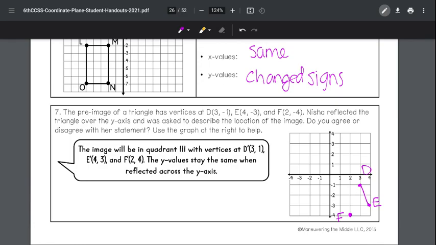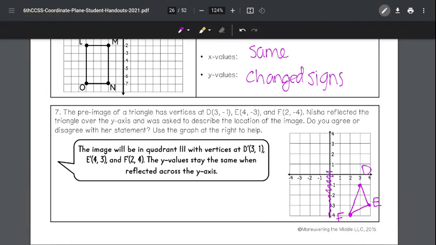And we could connect the triangle. Nisha reflected the triangle over the y-axis, which means we're flipping over this line, and was asked to describe the location of the image. Do you agree or disagree with her statement? Use the graph at the right to help.